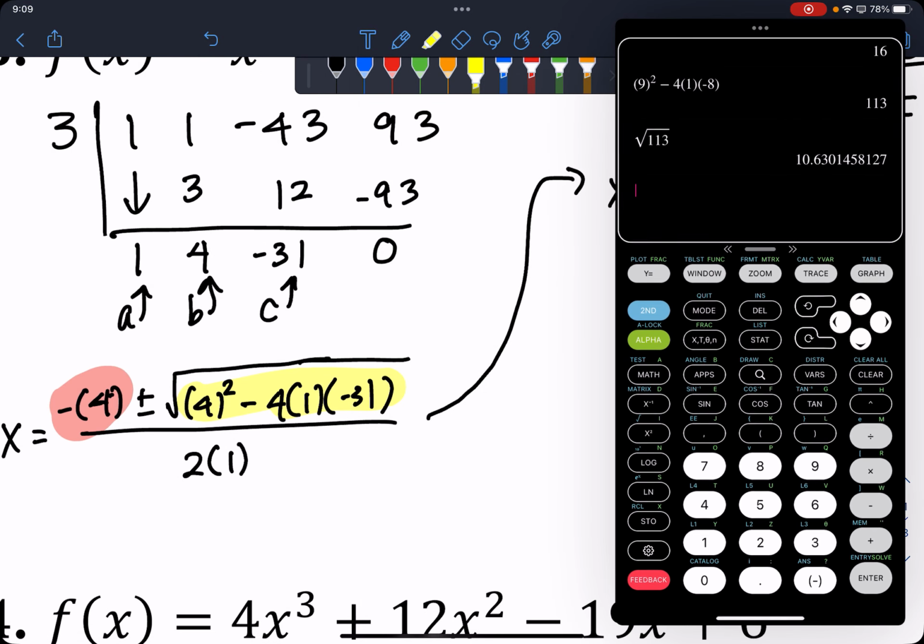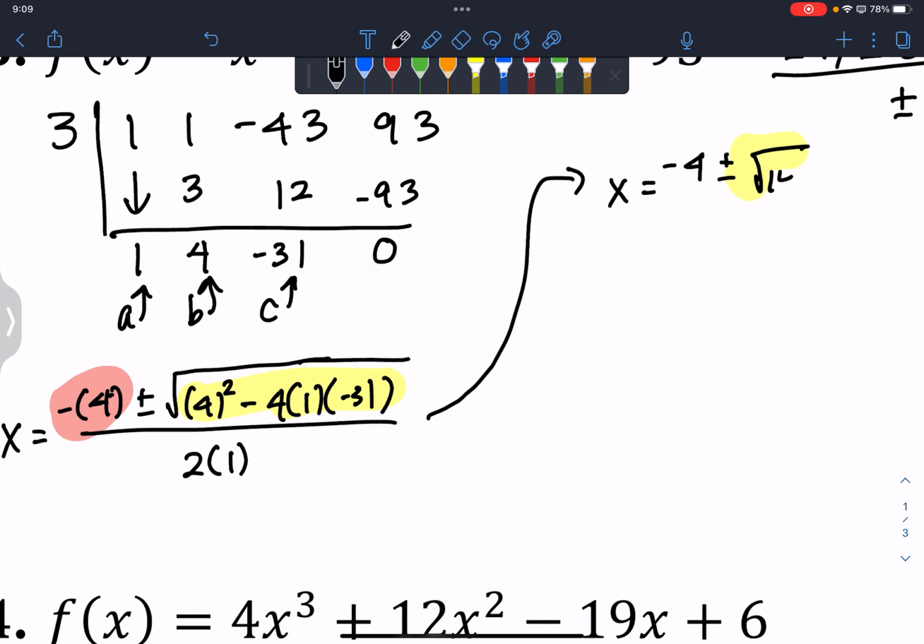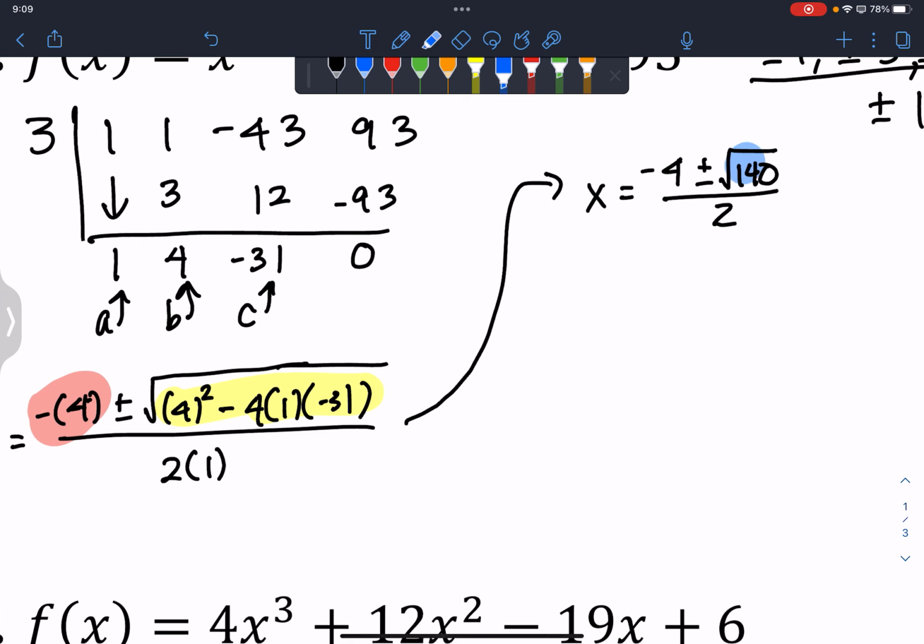And this, well, let's calculate that. So we have 4 squared minus 4 times 1 times negative 31. That's negative 140. I'm sorry, positive 140. So square root of 140. We'll divide this by 2. And now let's simplify this value right there.